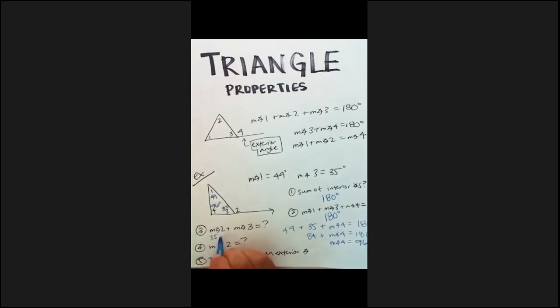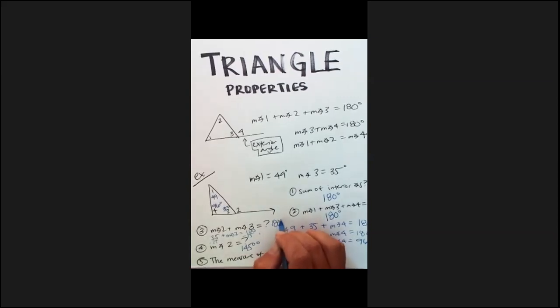Since we're given the measure of angle 3, we'll solve this algebraically: 35 plus the measure of angle 2 is equal to 180. Subtract 35 from both sides, and for the measure of angle 2, you will get 145 degrees.